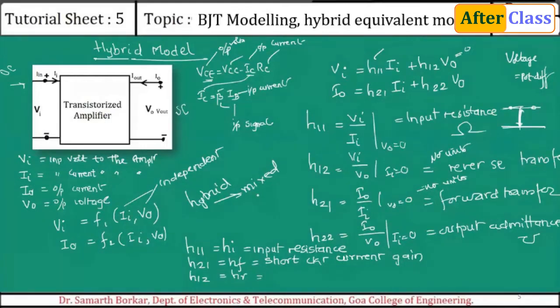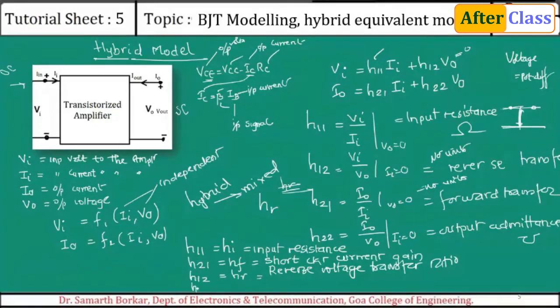See, this is the way it is written, H and offset by 25%. Okay, little down. HR. It is not in line. Okay, remember, it is subscript. HR is reverse voltage transfer ratio.